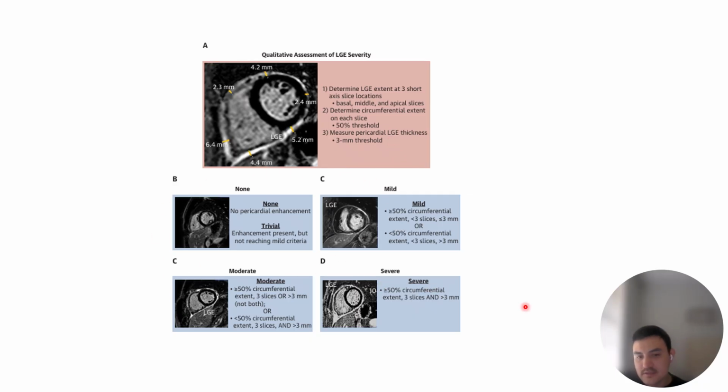For example, severe is when you have more than three slices, more than 3 millimeters of thickness, or more than 50% circumferential. None, you don't have anything. And in between is mild and moderate. Moderate is less than 50%, but you have 3 millimeters of thickness, or in three slices, basal, middle, or apical. This is pretty straightforward to understand.